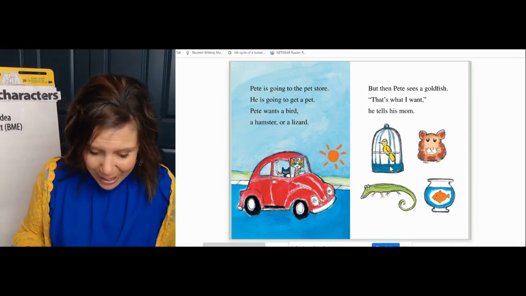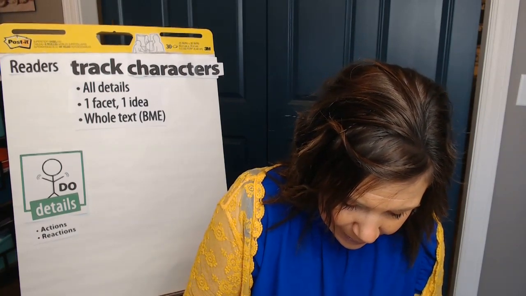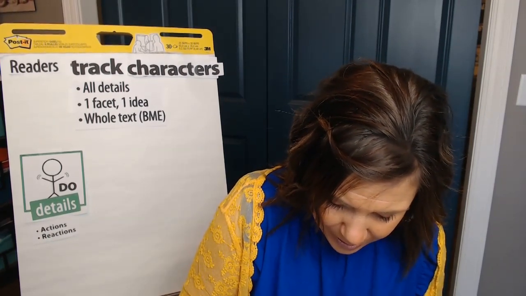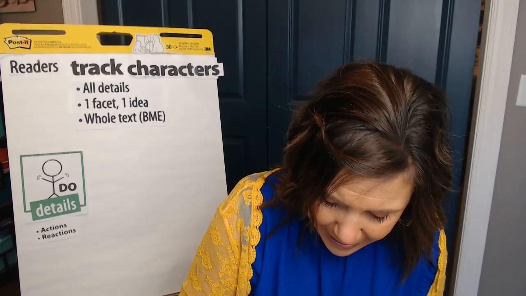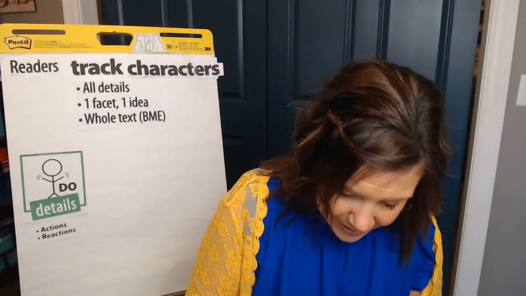He's going to get a pet. That's what he's doing. So I'm going to write going to pet store. That's what he is doing. He's going to the pet store. Okay, at the beginning, he's getting a pet, right? And remember, he gets a goldfish.